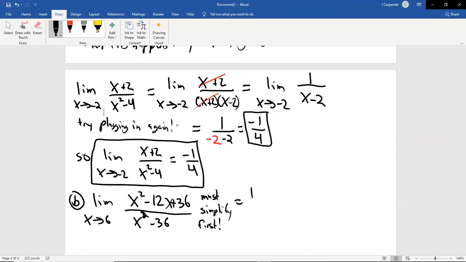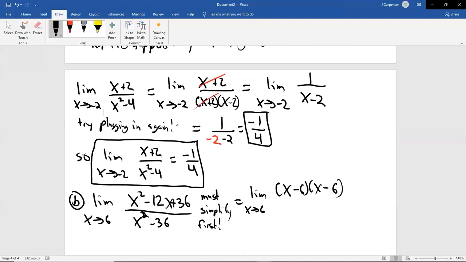So we go equals limit as x approaches 6. So x squared minus 12x plus 36. We're trying to find a pair of numbers that multiplies as 36 but adds to 12. Well, 6 and 6. So we go x 6, x 6. But these 6's have to multiply to positive 36 and combine to a negative 12, so they both need to be negative.